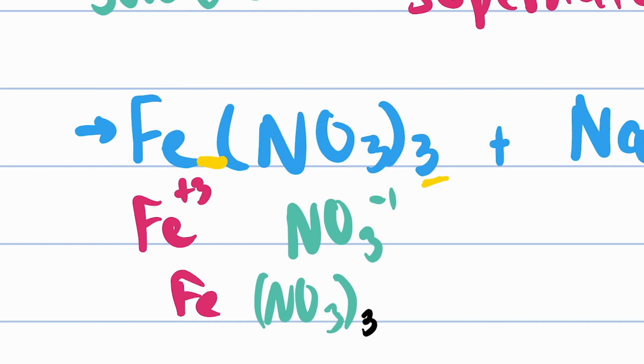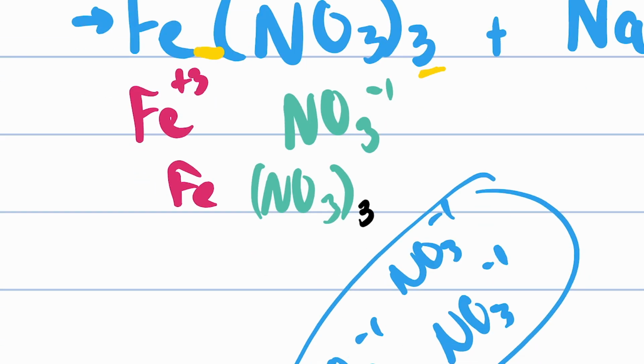This is horrible. Let me rewrite that. I have NO3 -1, NO3 -1, NO3 -1. All right, if we count the charges, how many do we have? -1, -1, -1, a total of -3, right? You guys are not even seeing that, right? -1, -1, -1, a total of -3.